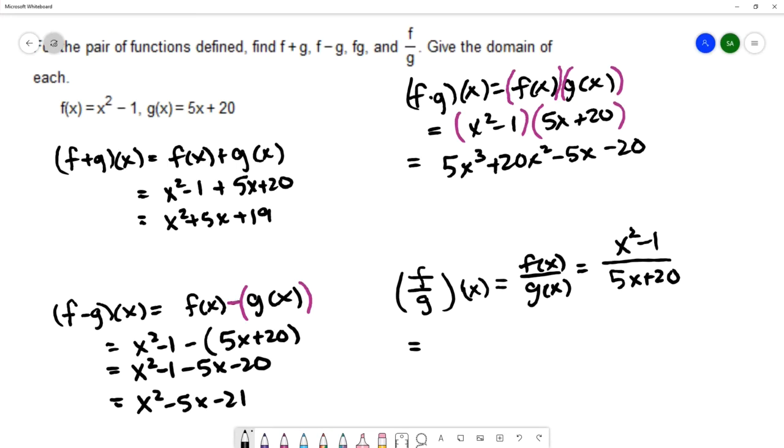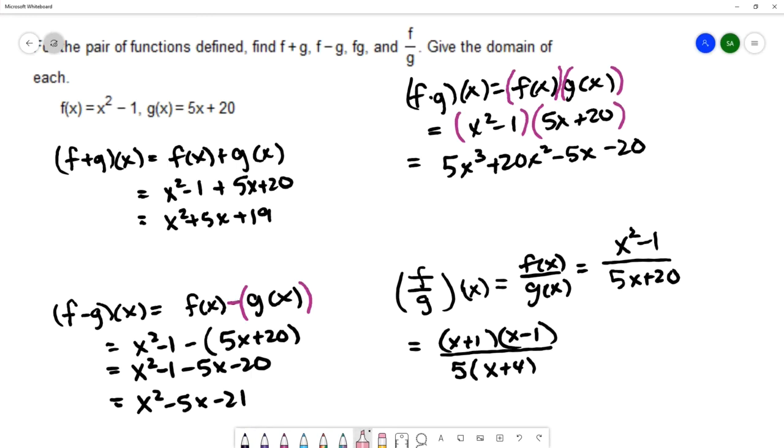Our numerator is a difference of squares and can be factored into x plus 1, x minus 1. And our denominator has a greatest common factor of 5. If we factor that out, we get x plus 4. And there are no common factors here, so our rational function is in lowest terms, f over g.